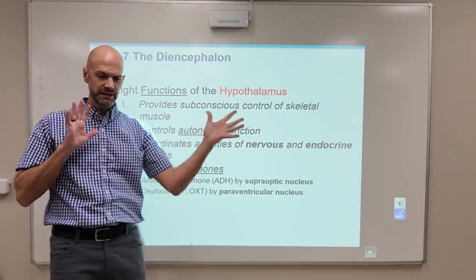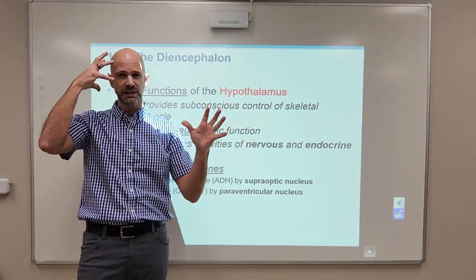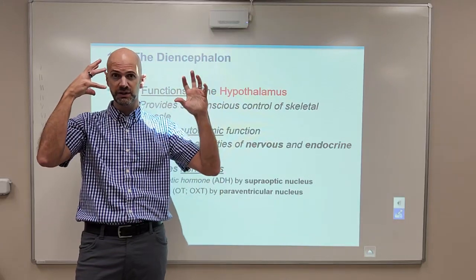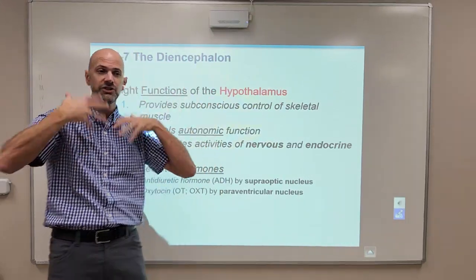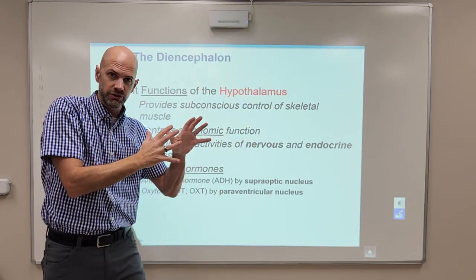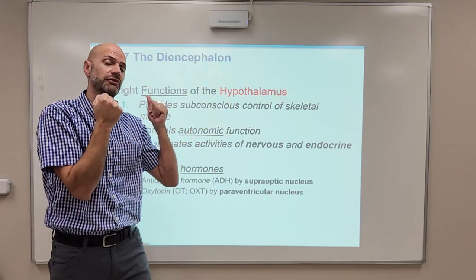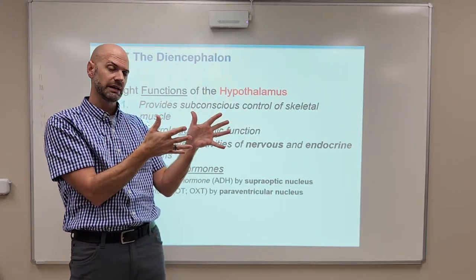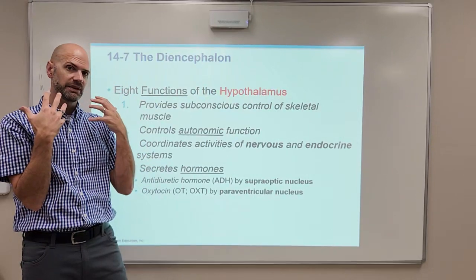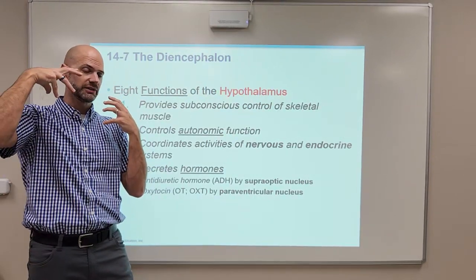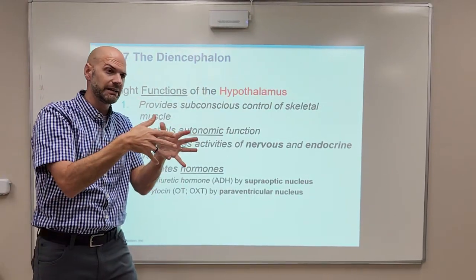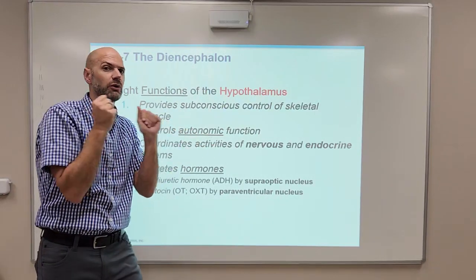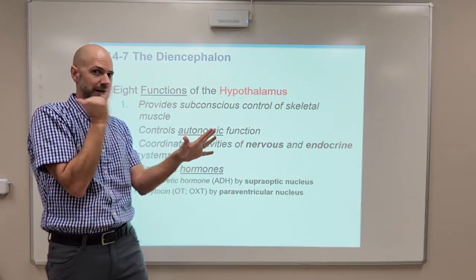It's the interface between how the brain is working and how the endocrine system is working. And it's really a way of initiating endocrine control. Endocrine control is the control via glands and hormones. So the hypothalamus takes brain signal and starts forming it into glandular hormonal signals.